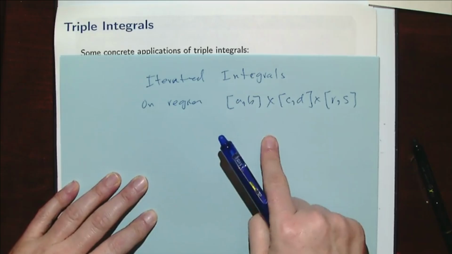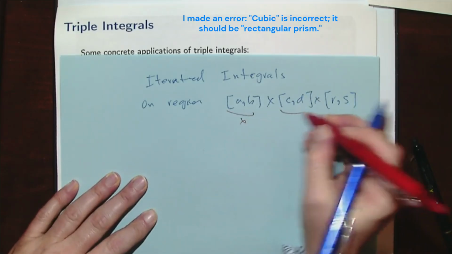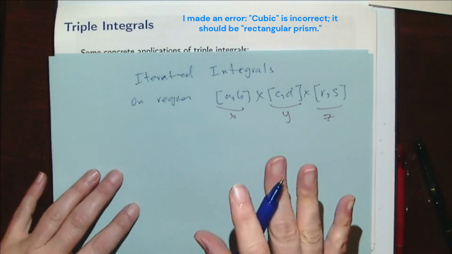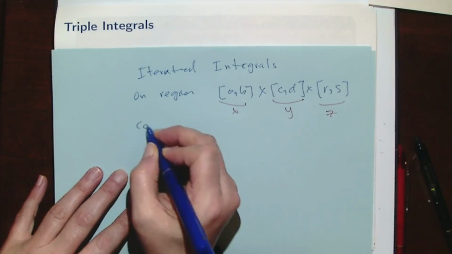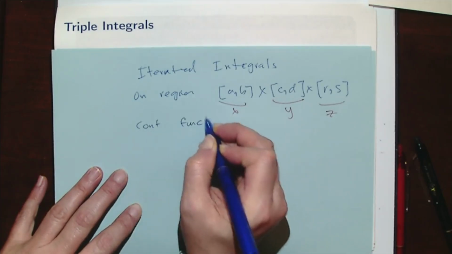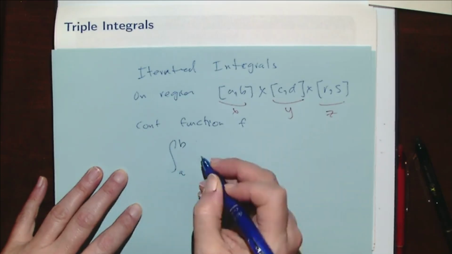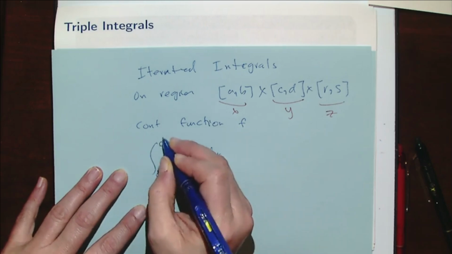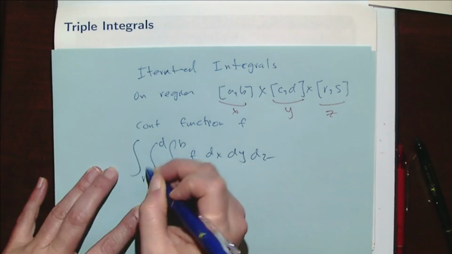It's a box. In the X direction is a and b, on Y is c and d, and this one is Z. If I want to find the integral of a continuous function f, then it would be a to b of f dx, c to d dy, then dz from r to s.